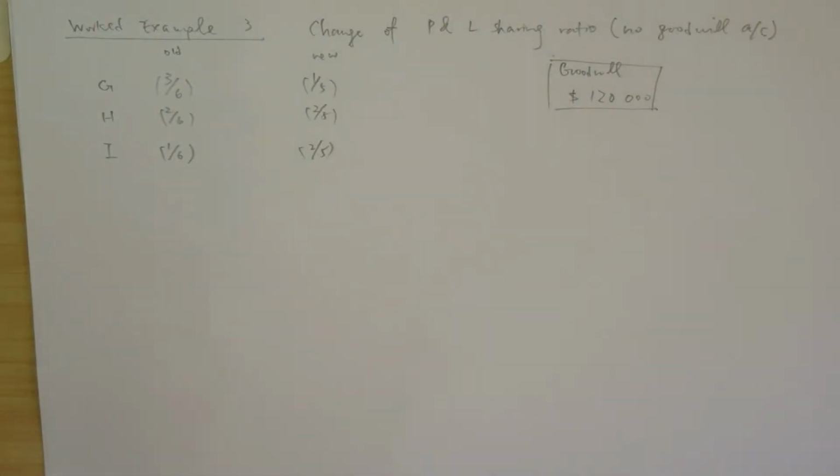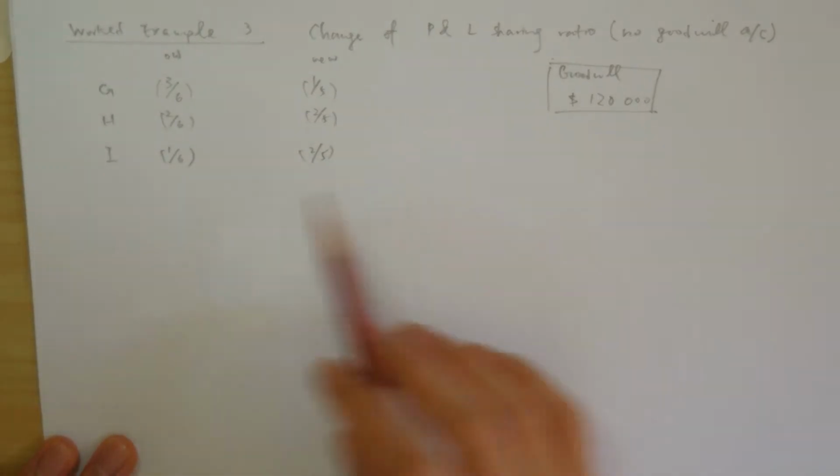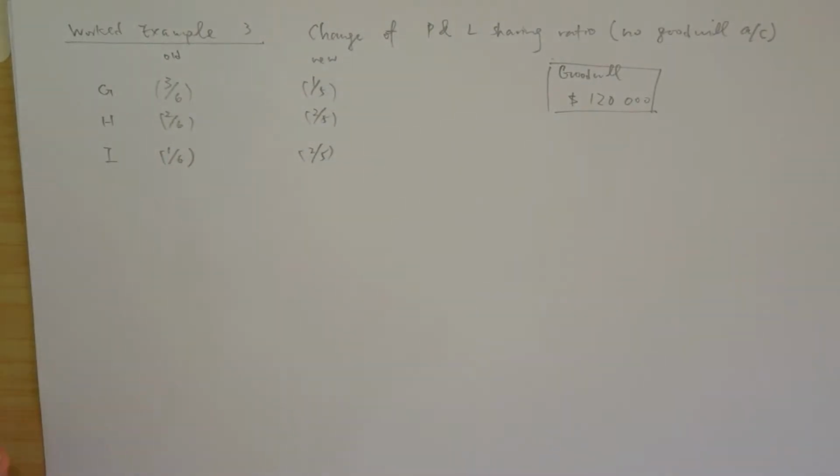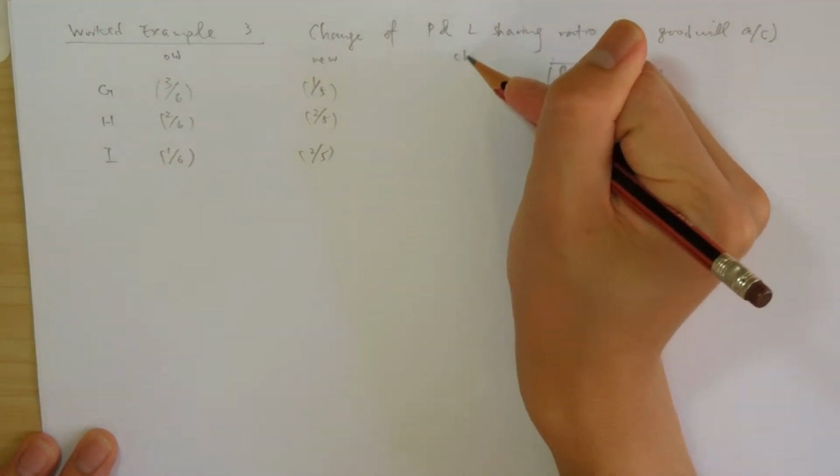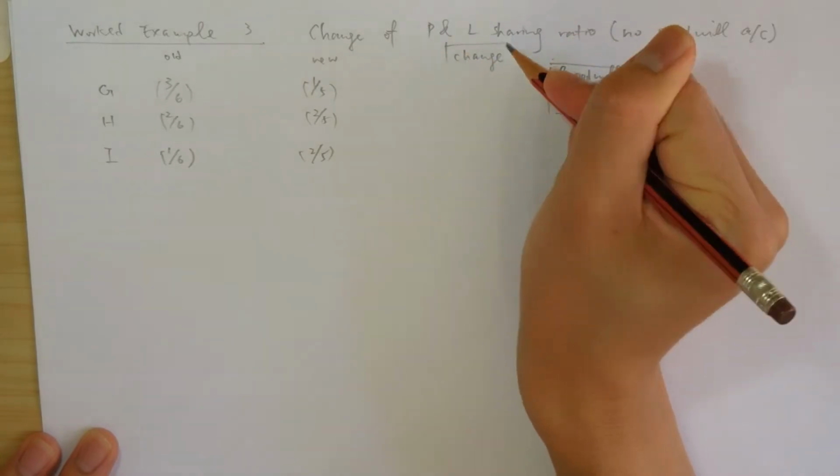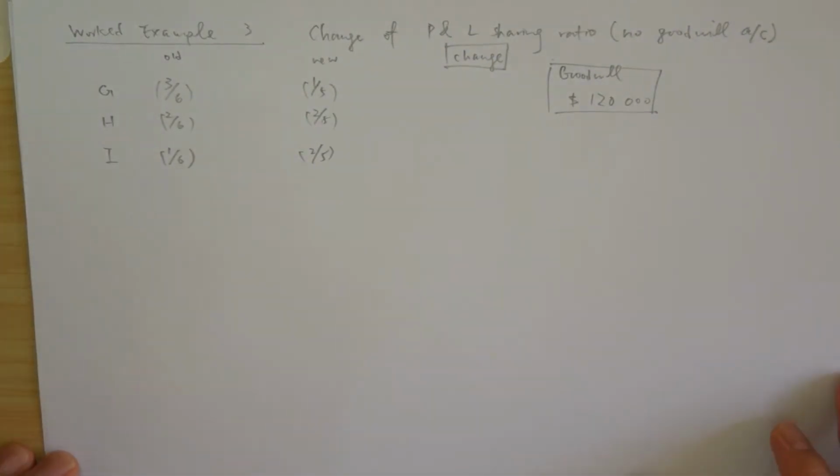Okay, so what should we do? We want to write the journal entries to record the transaction. We need to first share the goodwill by the old ratio, and then find the changes. Okay, this is our objective. So we go on.